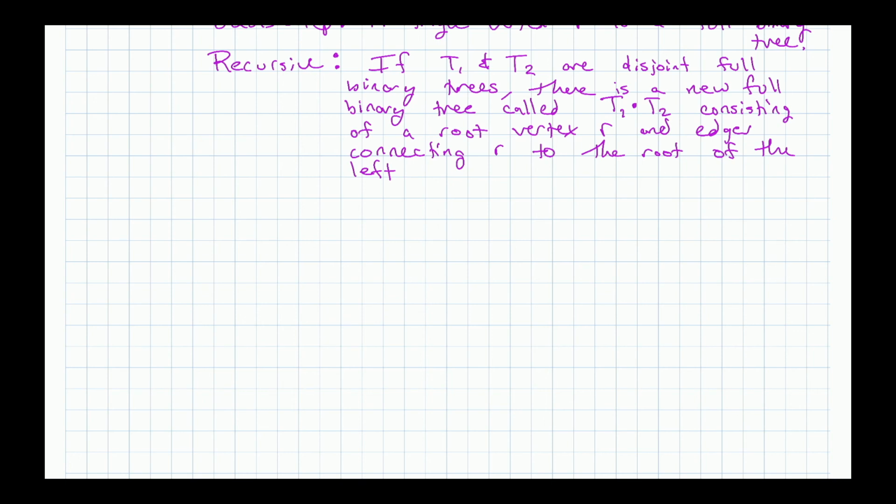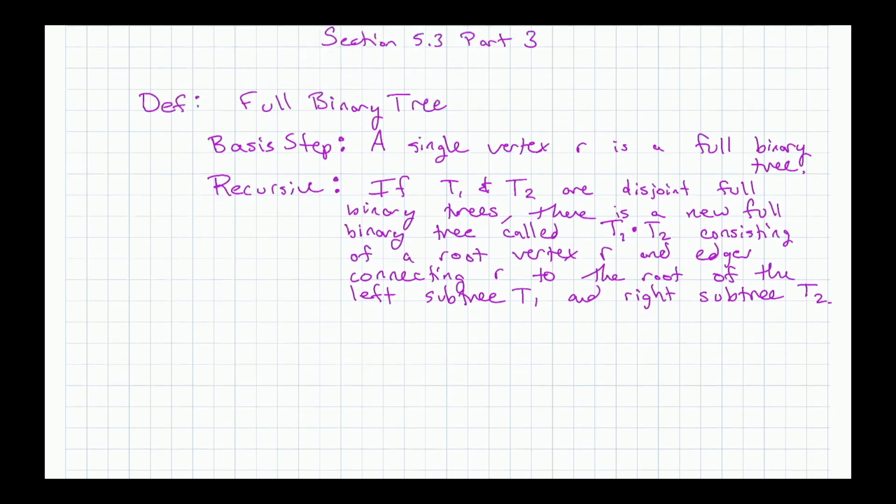The left subtree is T1 and the right subtree is T2. All right, so that was our definition of a full binary tree.